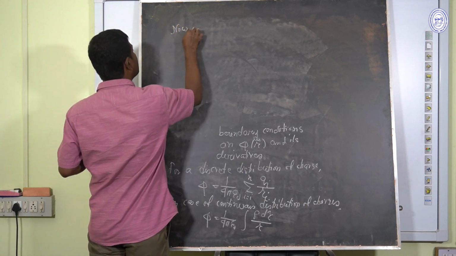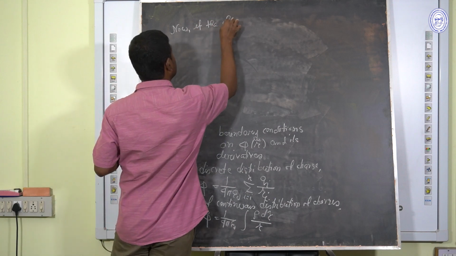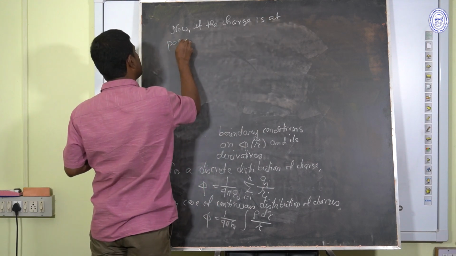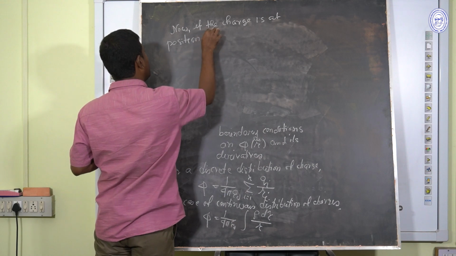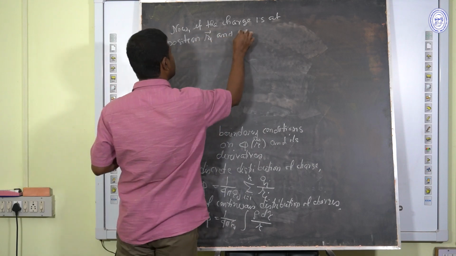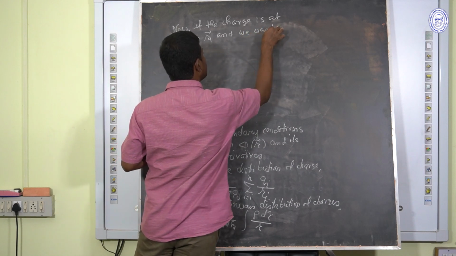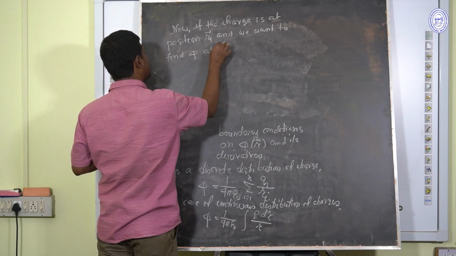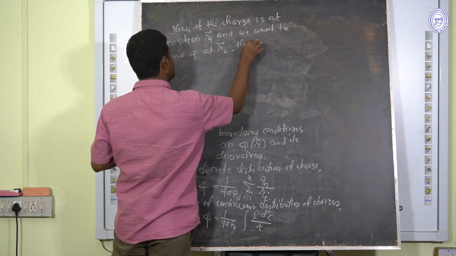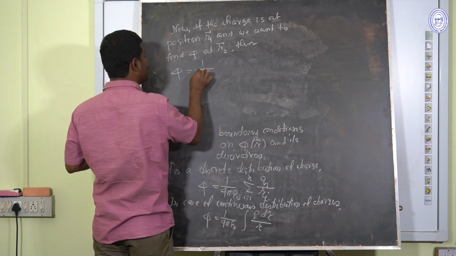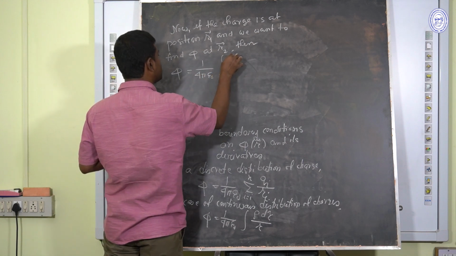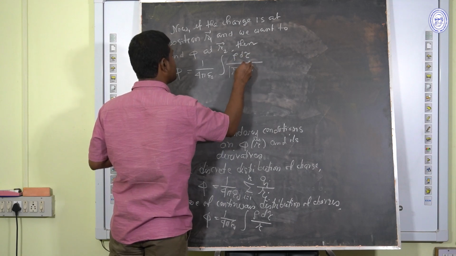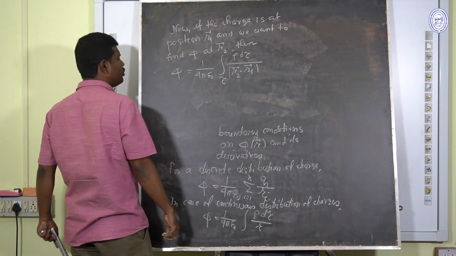Now, if the charge is at position R1 and we want to find the electrostatic potential phi at R2, then phi will be 1 by 4 pi epsilon 0 integration of rho d tau divided by R2 minus R1, integration over the volume tau.